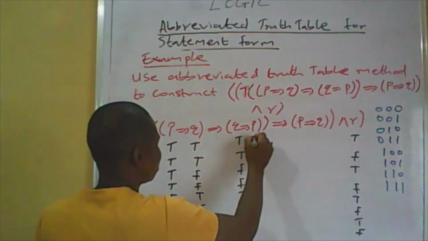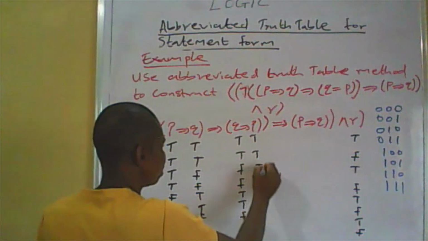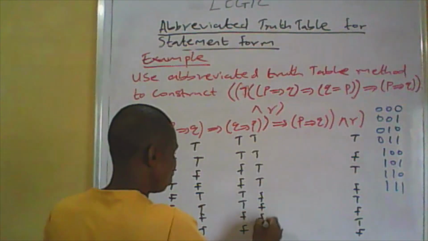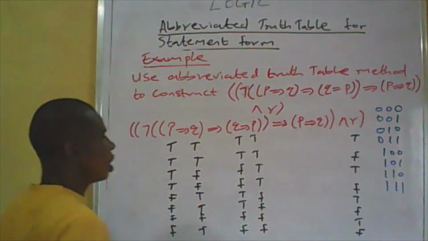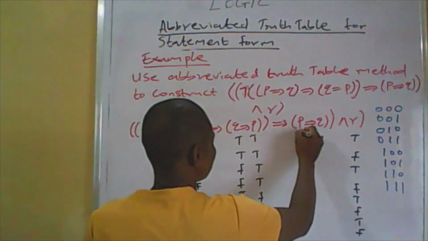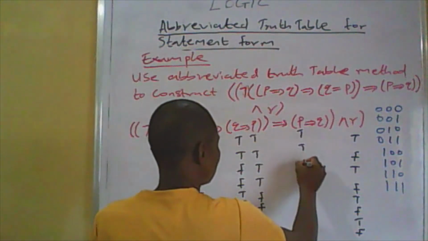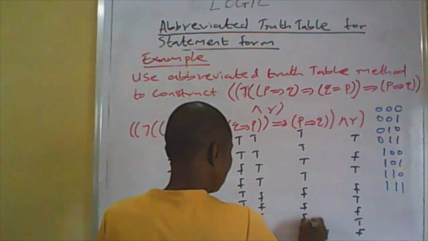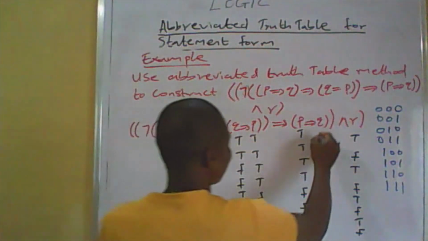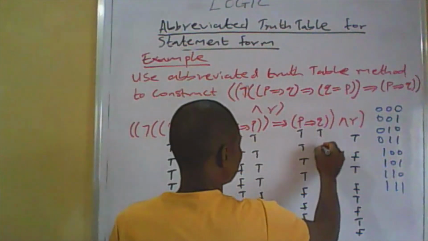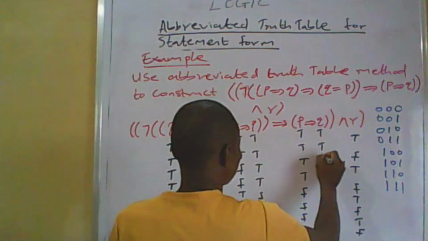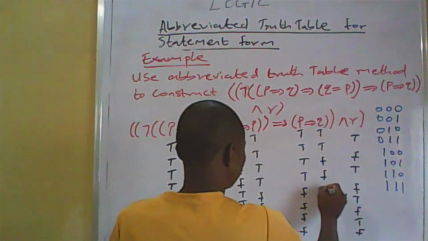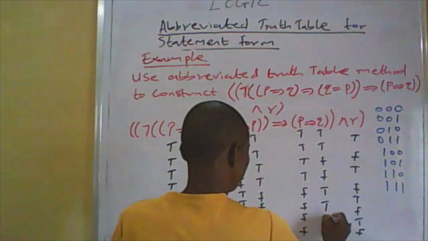We have T, F. Here we have also T, F. Here we have also T, F, T, F.